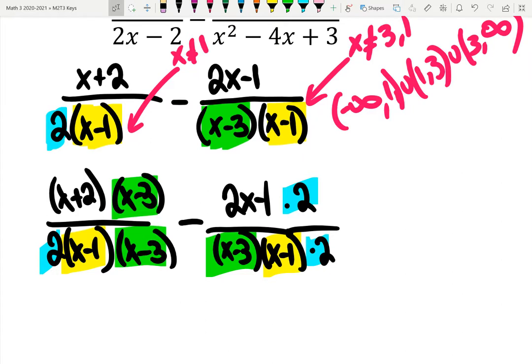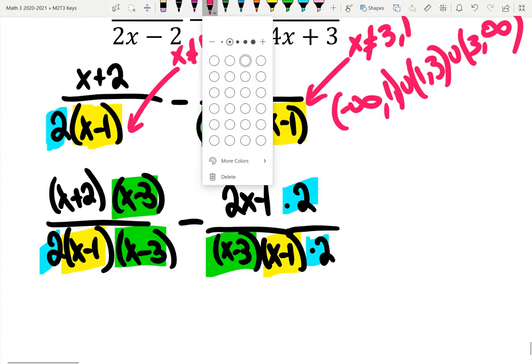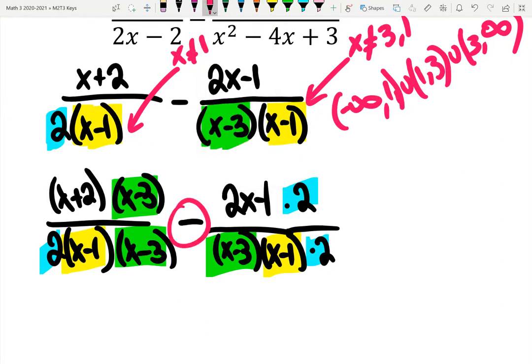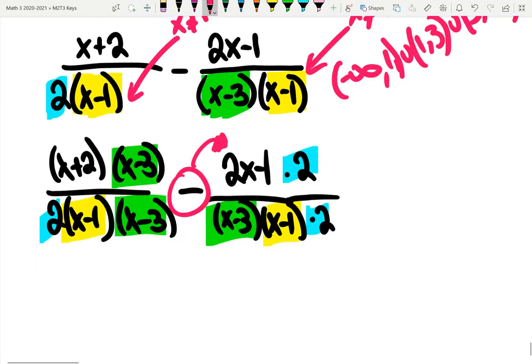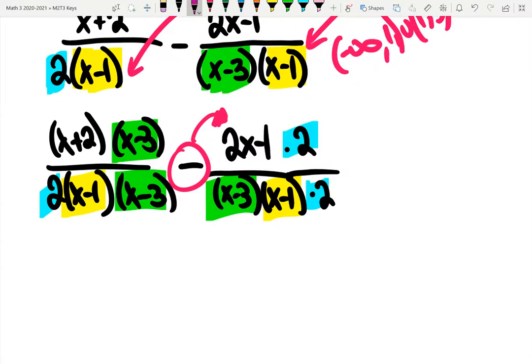So now this is a matter of cleaning up. Remember this negative right here, you do need to distribute it to each part here when you're combining it. So I'm going to multiply x plus 2 times x minus 3. Notice in all of these, never multiply the denominators out. We want them in factored form.